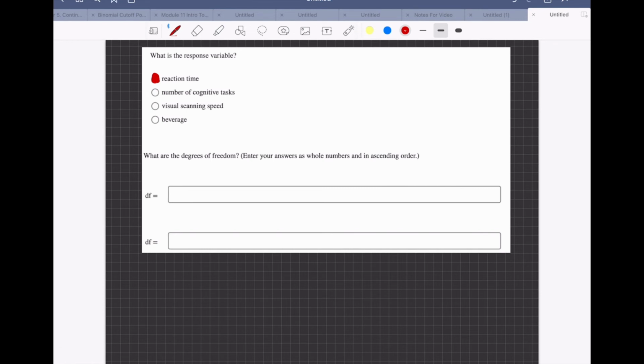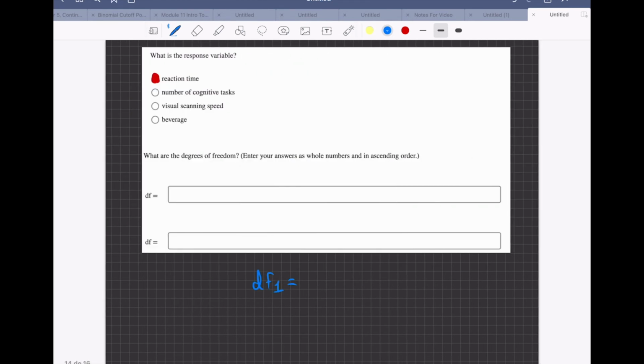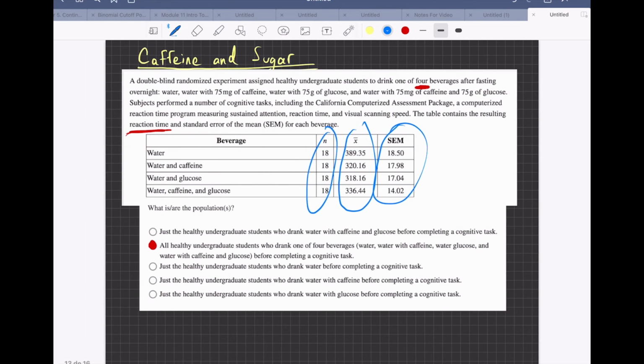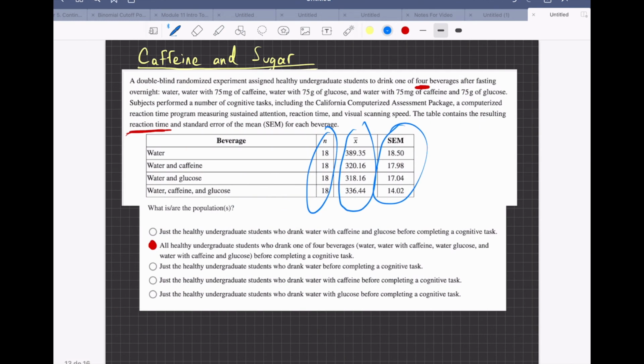What are the degrees of freedom? Degrees of freedom for the numerator, or degrees of freedom 1, is the number of categories. We have 4 categories minus 1, so it's 3. And for the denominator, or degrees of freedom 2, it is the total number from the sample.